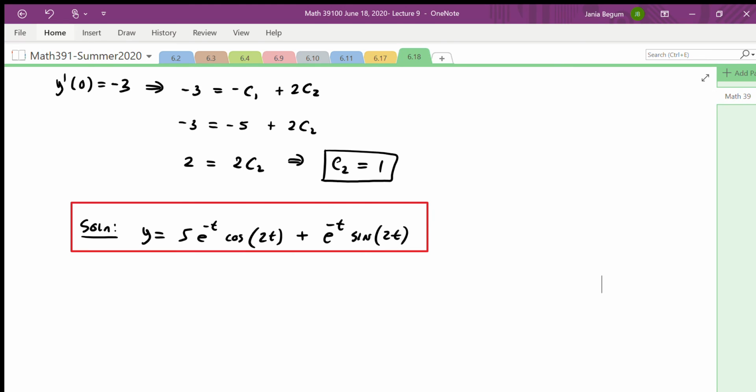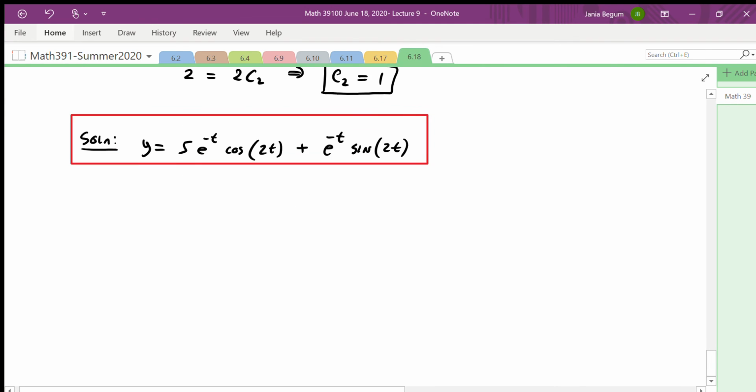So moving on to section 3.4. So 3.4 is repeated roots and reduction of order.